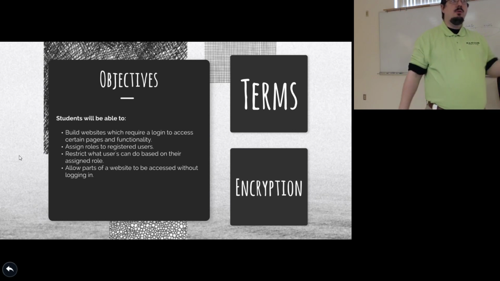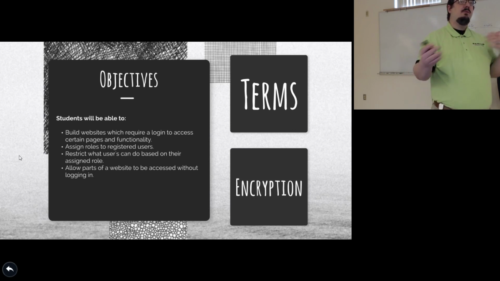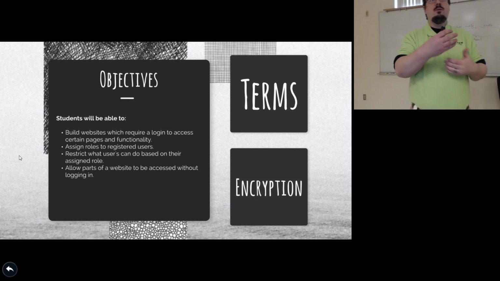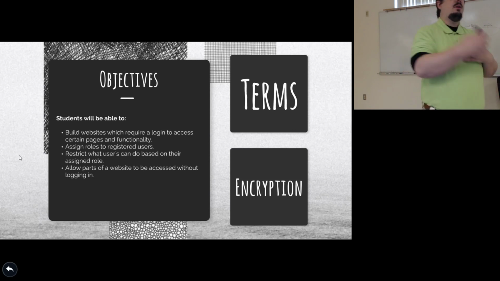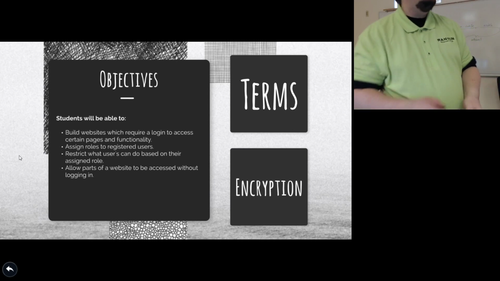You may have one person that's an admin and other people that are regular users, or you may have people in between, say an author, a reader, and an admin. We'll also look at restricting what those users can do based on their role, and limiting what they can see and where they can go, again based on that role.